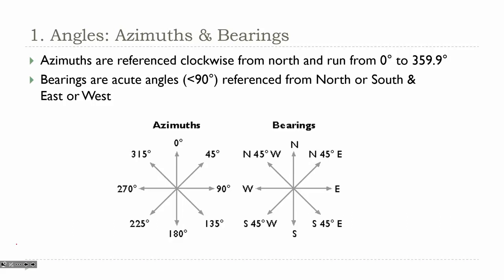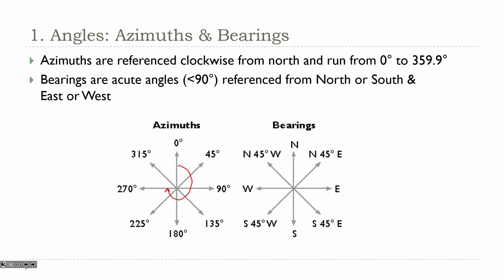So angles, azimuths, and bearings are the main thing to understand here: how to take a line and find its azimuth or its bearing. Azimuths are generally measured clockwise, starting with north as 0 and going around clockwise up to 360. 360 and 0 are the same thing, so technically it goes up to 359.9999.